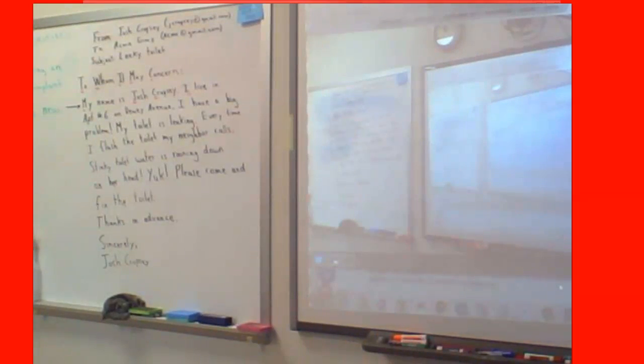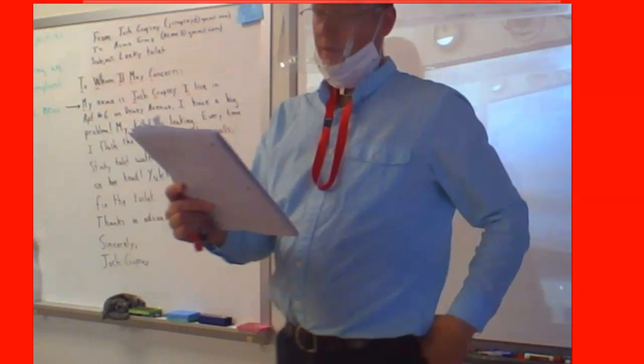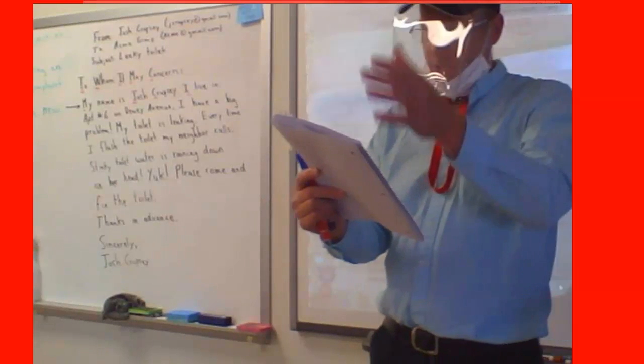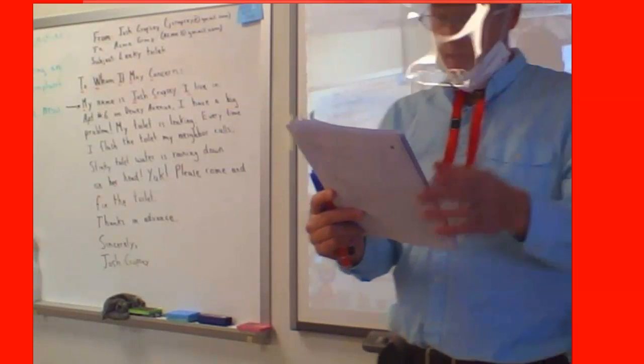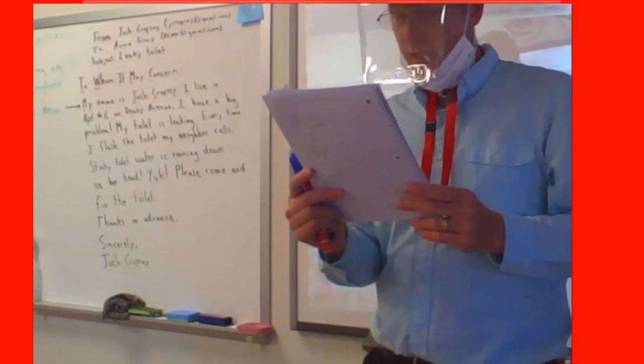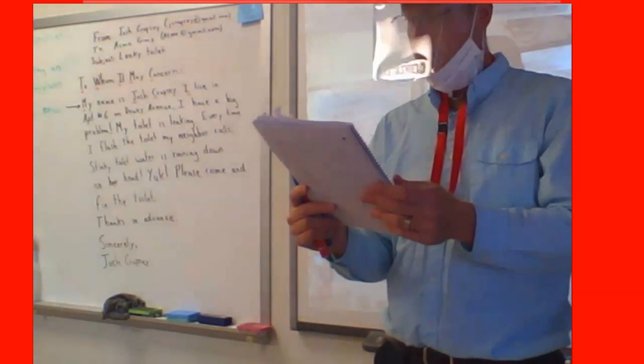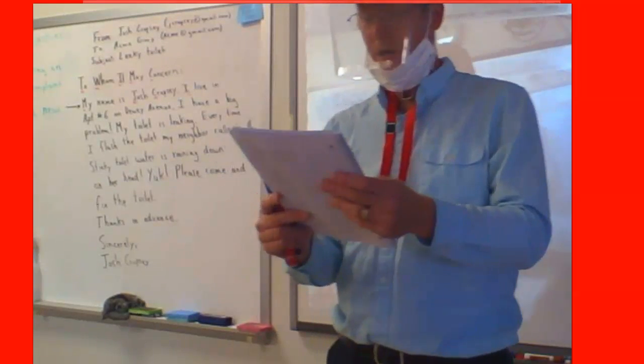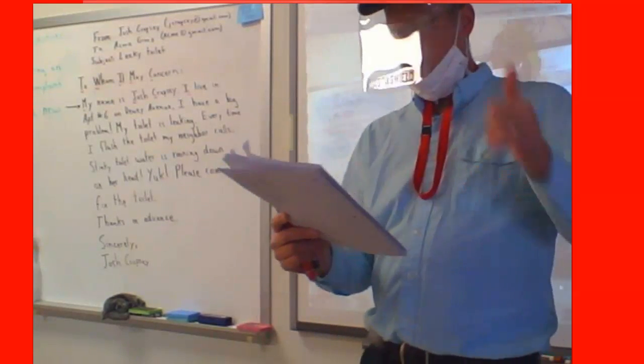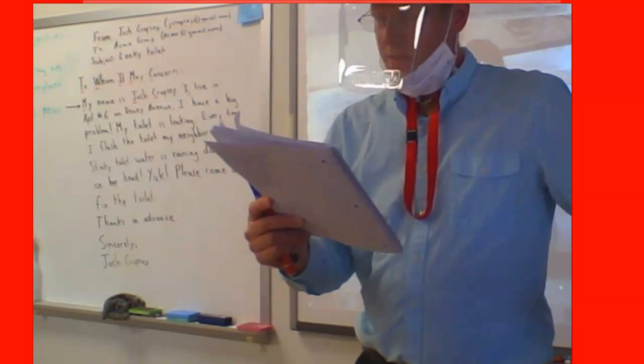All right. Now I've got one from Esther. She put her email to, she put the Latino equipment. Subject, leaky roof. Ooh, big problem. To whom it may concern. My name is Esther Gamata.